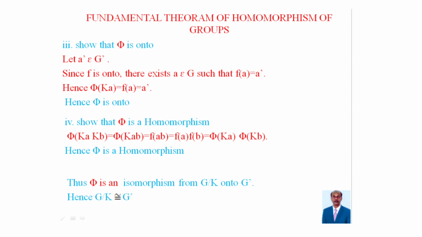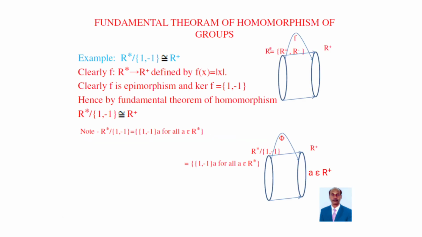Now we see one example to verify the fundamental theorem of homomorphism. Take the example: the quotient group of R star modulo the group {1, -1} is isomorphic to R plus. Look at the diagram.